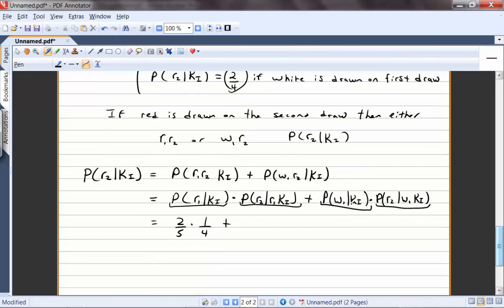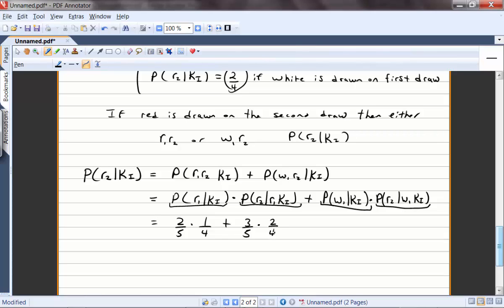Plus the probability that white is drawn on the first draw, given our initial knowledge. Well, there are 3 white balls out of 5 total balls. So for the first draw, there's a 3/5 chance that white will be drawn. And then the probability that red is drawn on the second draw, given that a white ball was drawn on the first draw: again, there are 4 left. How many of them are red? 2 of them.